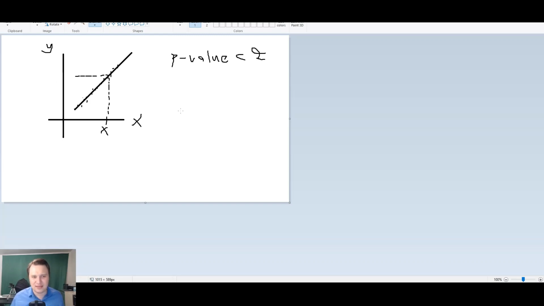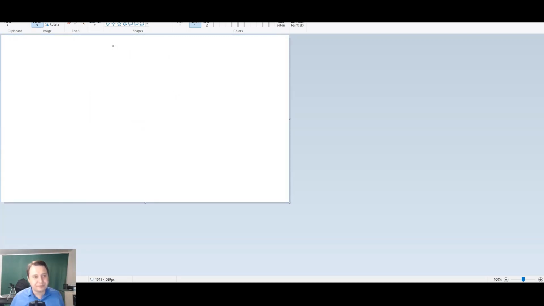However, let's say that there is not a very strong relationship between the data. In other words, let's imagine that we have a whole bunch of data that's all over the place. Oops, let me make that a little cleaner. We have data that's all over the place, and some trend line trying to go through our data.